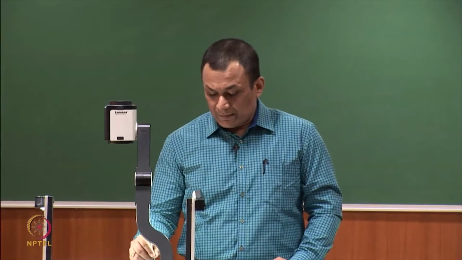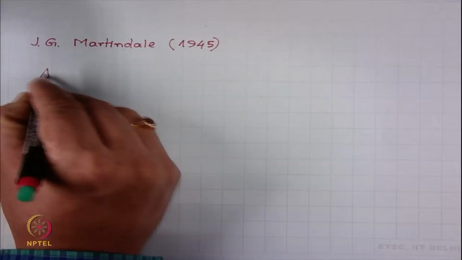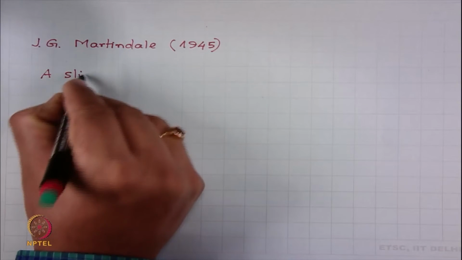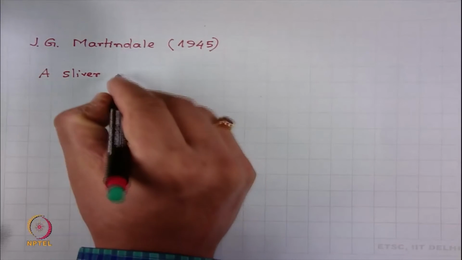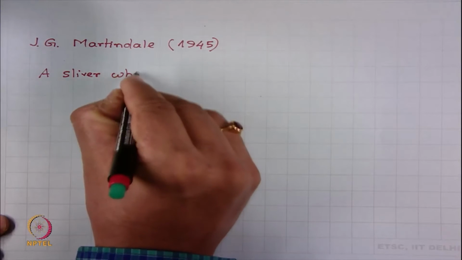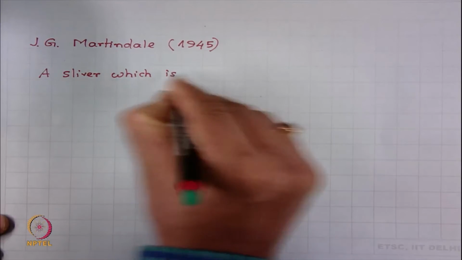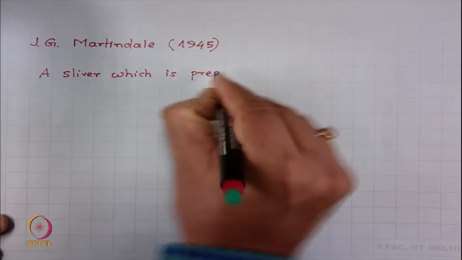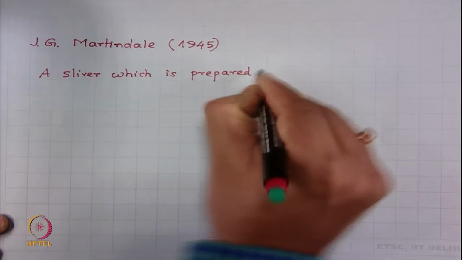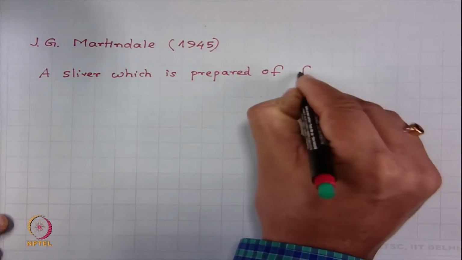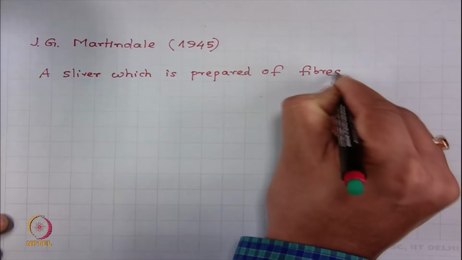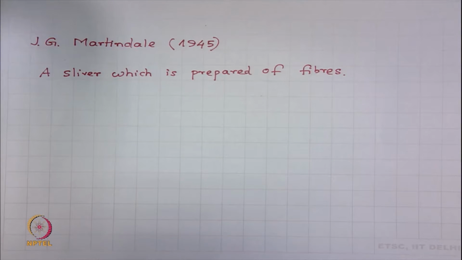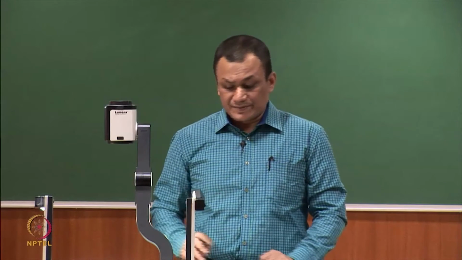Martindale thought about a sliver which is prepared of fibers. Then he introduced certain basic assumptions.